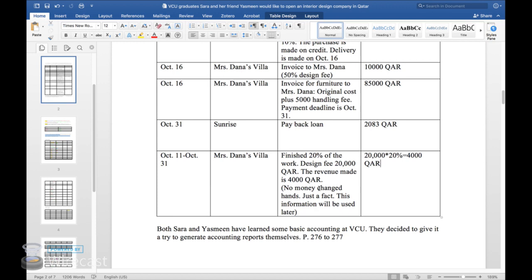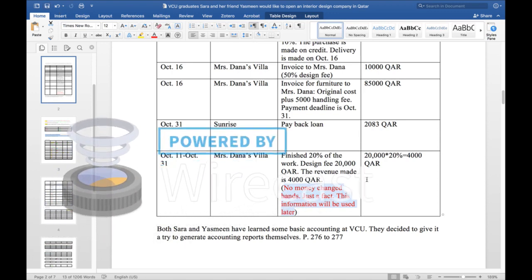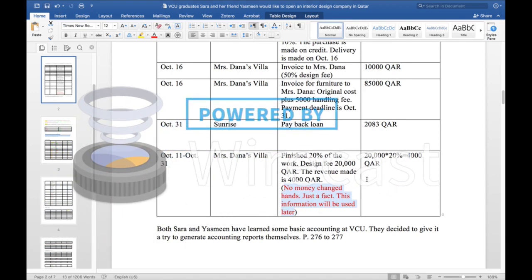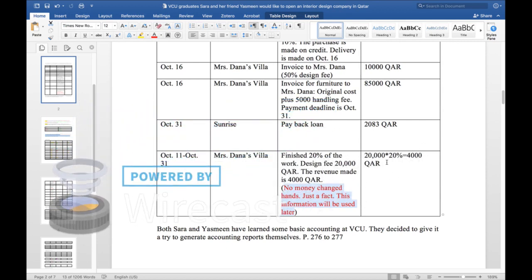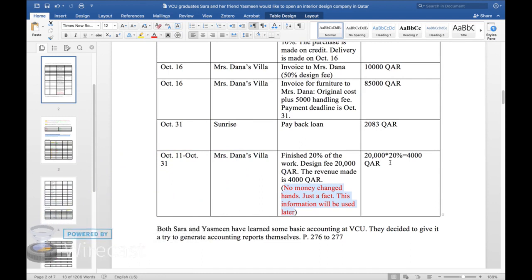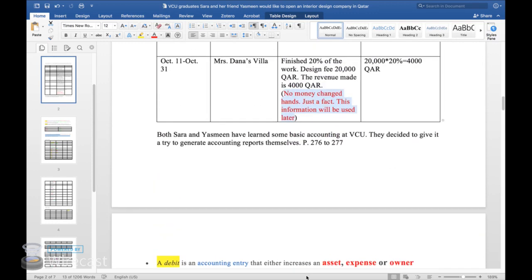This is not a transaction. No money changes hands. Just a fact. This is the same as the demonstration of depreciation, where no money changes hands. There's no transaction. But it is affecting our business because this is the real money that we actually made. We need to be paid 4,000. By the end of the month, we made this money already.